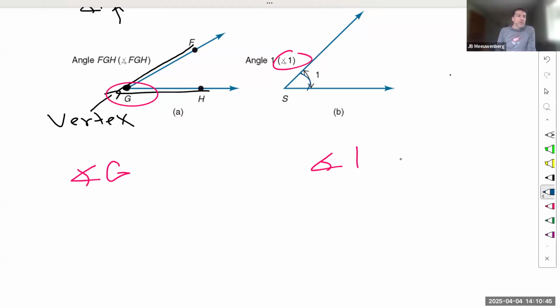And so maybe we have two figures. Here's another one, and this has angle 2, and we want to indicate that those two angles are equal. So we can write M, the measure of angle 1, is equal to the measure of angle 2. And so that's again just another piece of notation that we use.